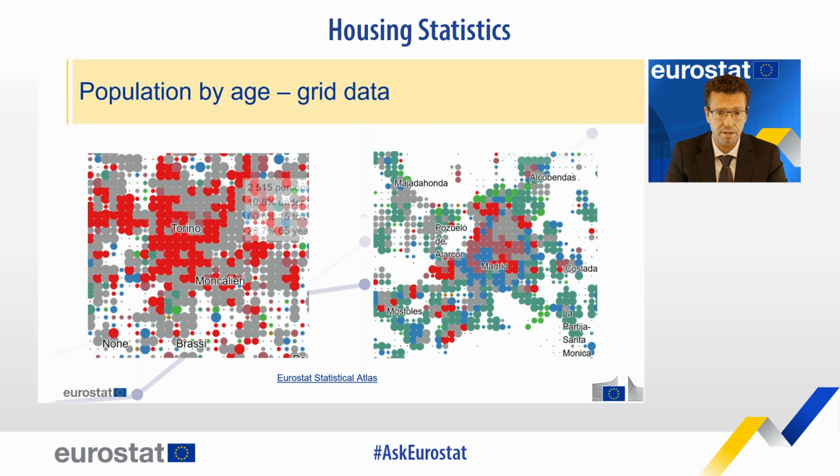Here we can see an interesting phenomenon: in big and medium cities, typically the city centers, the urban parts, have a prevalence of the older age groups, while in the outskirts, in the suburbs, we have a prevalence of young age groups. And this gives a very detailed geographical analysis of housing aspects that are very useful.